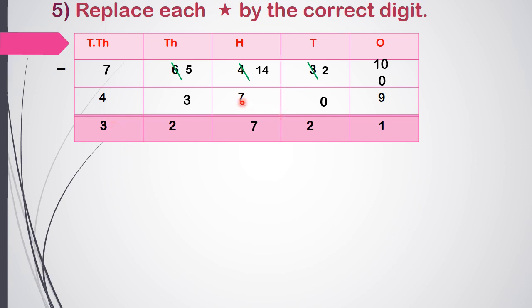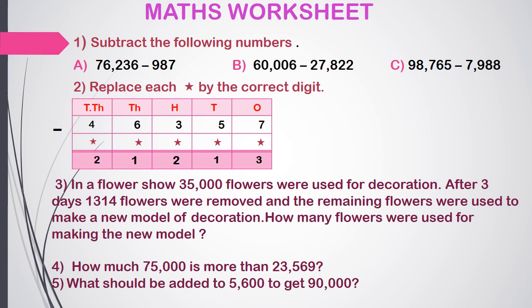Again I tell you, whenever we add the smaller number and the answer, we get the larger number. In the same way, when we subtract the answer from the larger number, we get the smaller number. So I gave these 5 sums as homework. Do it and send it to me.